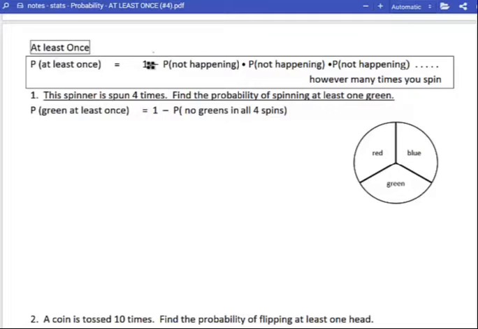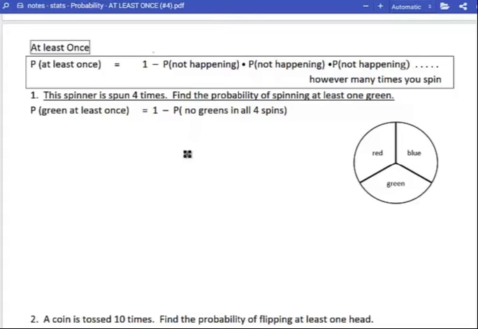It is 1 minus, so it's a little adaptation of that complement formula, that not formula. The probability of getting hit at least once in 10 years would be 1 minus not getting hit, not getting hit, not getting hit, however many times they're talking about. So in the case of living there 10 years, you would have 10 of these strung together out here.